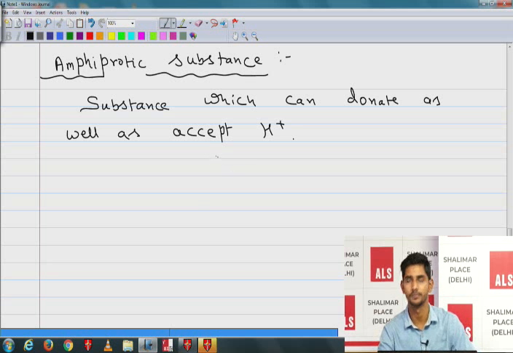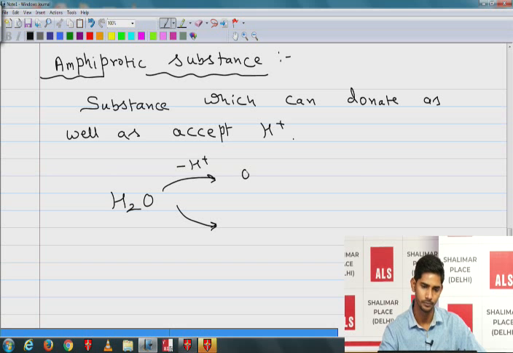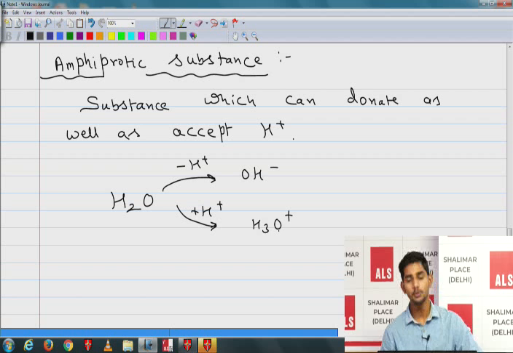If you take the example of water, we know that water can give H plus and form OH minus, and if it adds H plus, it can form H3O positive. So ultimately water is an amphiprotic substance. I think you have already heard the word amphoteric.